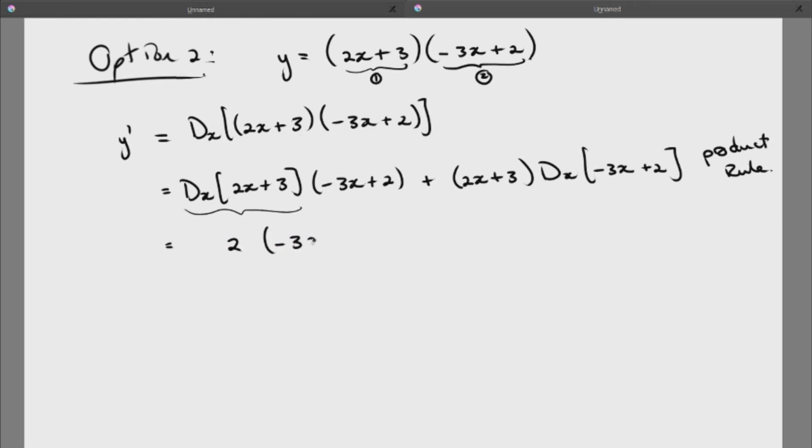And then the negative 3x plus 2 doesn't move. Nothing happens to it. Just like this 2x plus 3, nothing happens to it. And then this, no, let me make a bracket here. This derivative, negative 3.